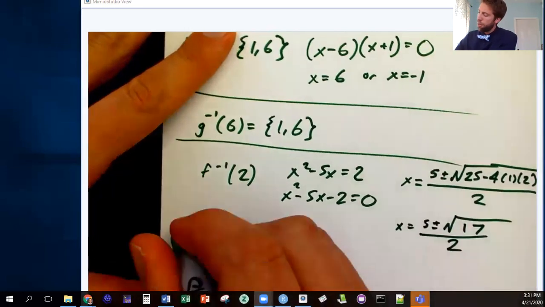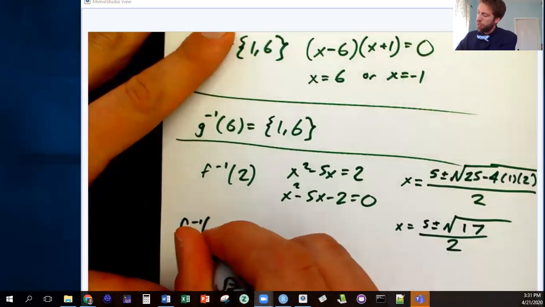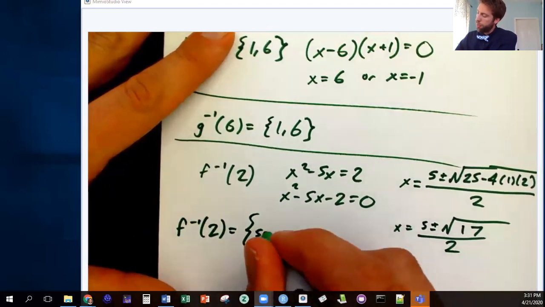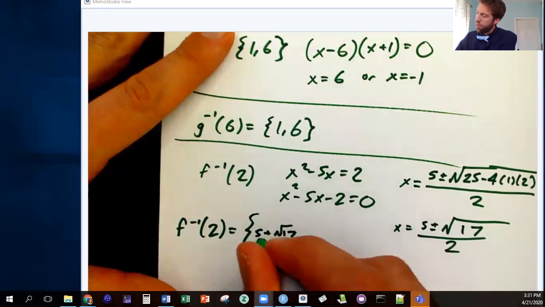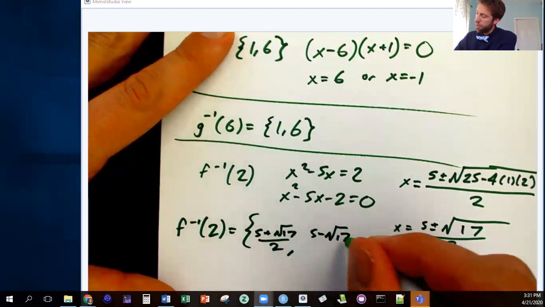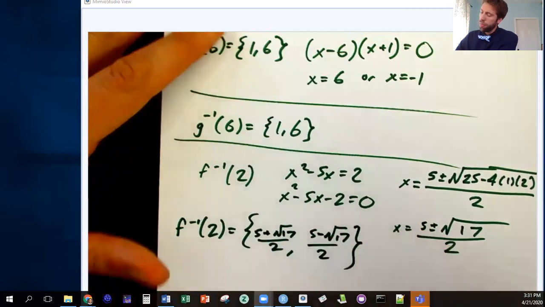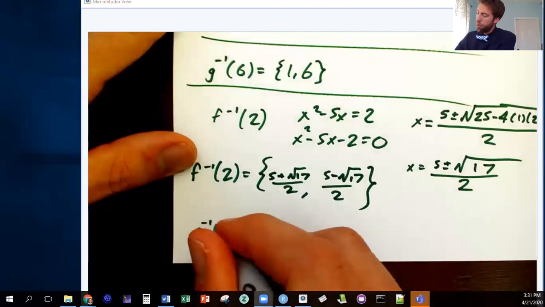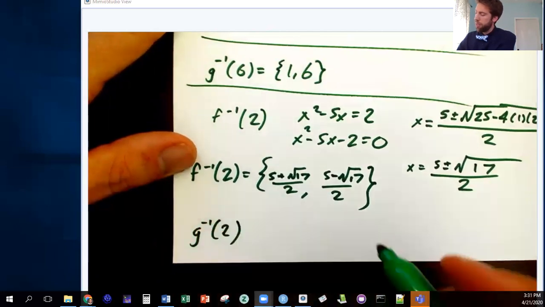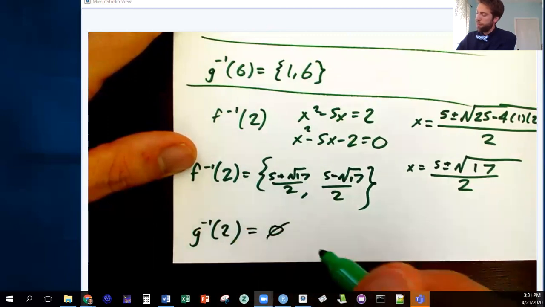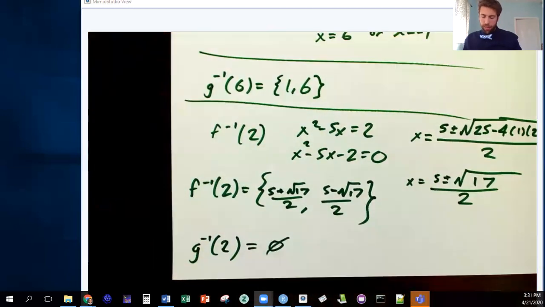Okay, so then f inverse of 2 equals the set 5 plus square root of 17 over 2, and 5 minus square root of 17 over 2. Okay, but those numbers are not integers, so g inverse of 2 is the empty set. And that completes progress check 6.2.